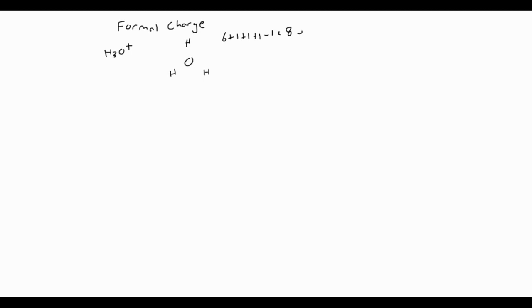So that gives us 8 electrons to work with. We can fill in our bonds. One for each hydrogen, and then we have 2 electrons left to make a lone pair on the oxygen. Now we have an octet, and we have all of our electrons used.